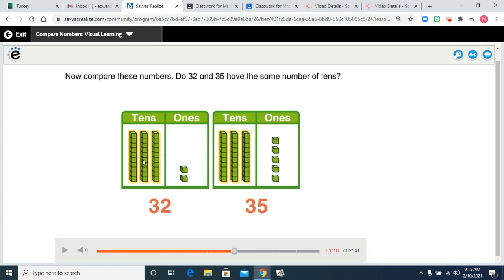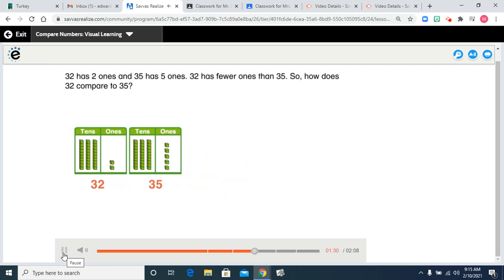So yes, they have the same amount of tens. Yes, both numbers have 3 tens. So compare the ones. How many ones do the numbers have? 32 has 2 ones, and 35 has 5 ones. 32 has fewer ones than 35.